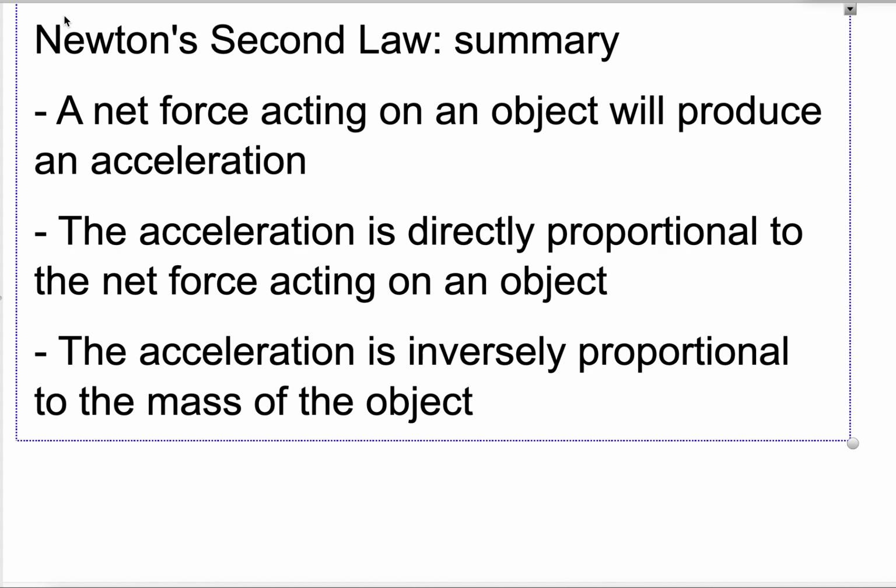You guys have the math skills to do it on your own, although I'll show you what it is. So this would be the summary of Newton's second law, right? Net force other than 0 will produce an acceleration. The acceleration will be directly proportional to the force, and it'll be inversely proportional to the mass.